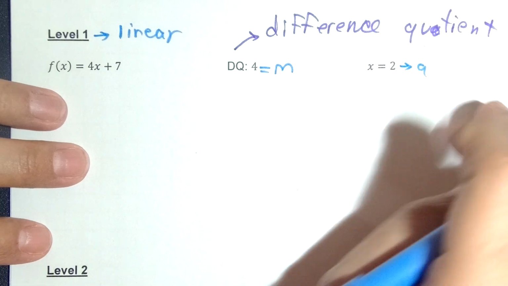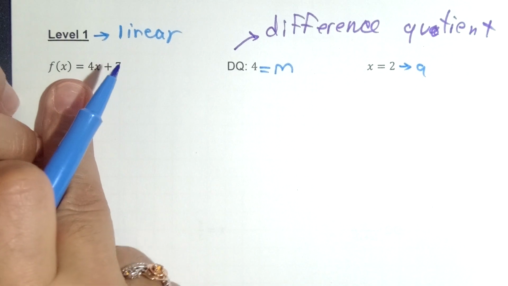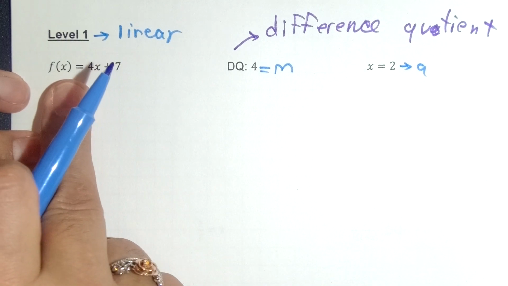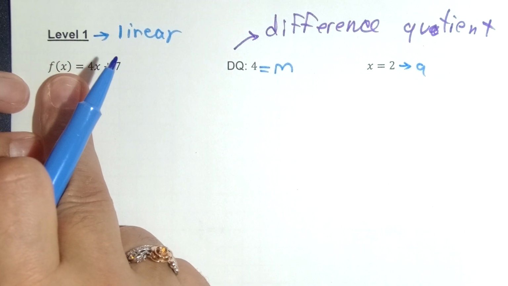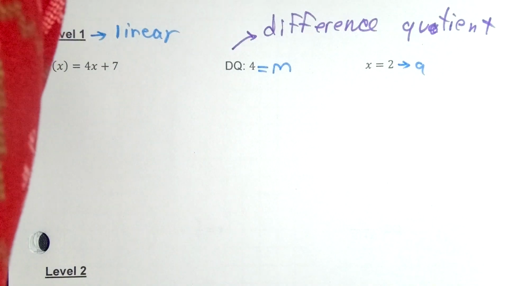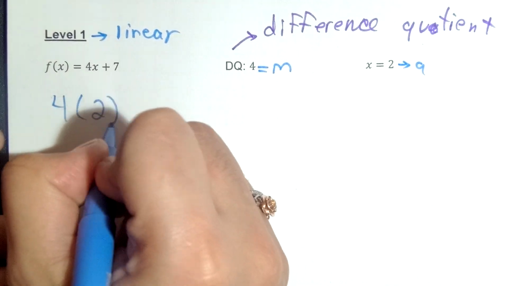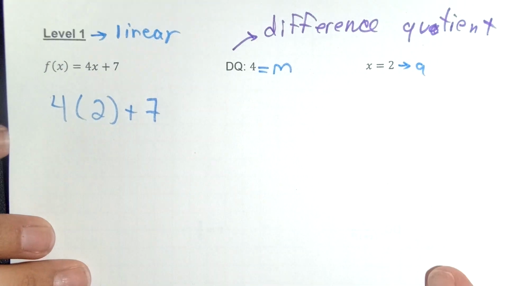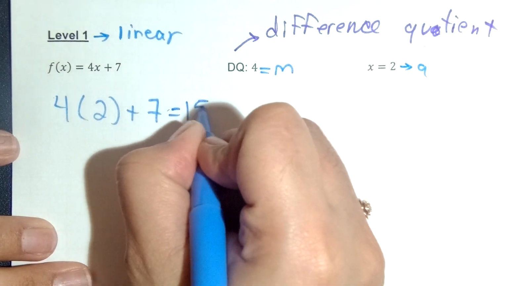So I'm going to then substitute in 2 into here to get my y value. Let me find my answer to make sure I'm doing it right. Okay. So I have 4 times 2 plus 7, and that's going to be 15.